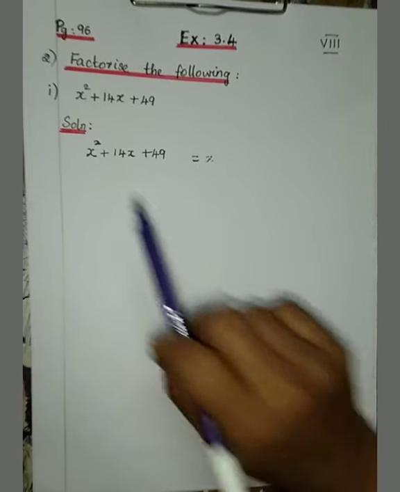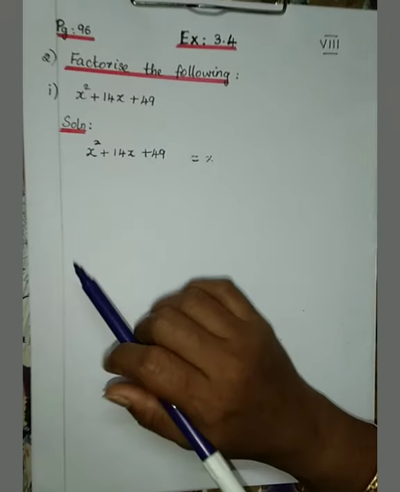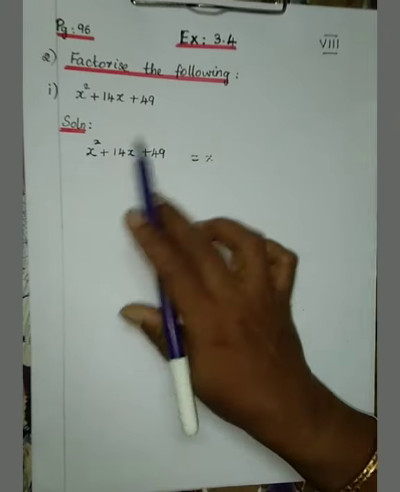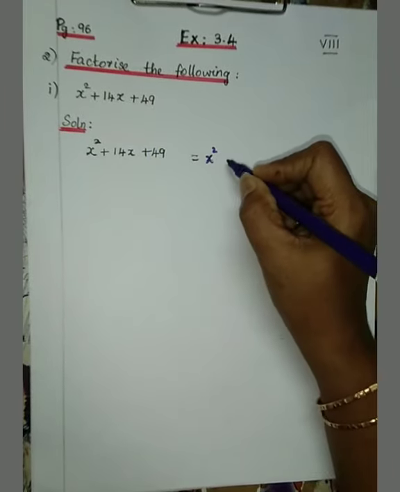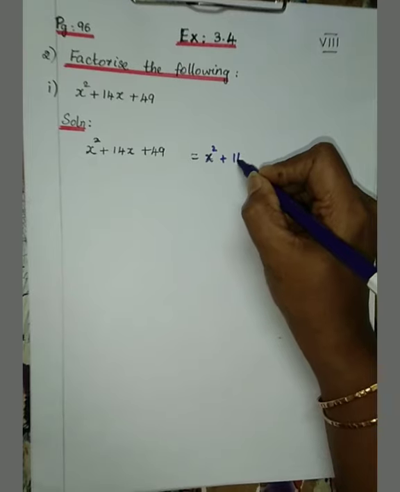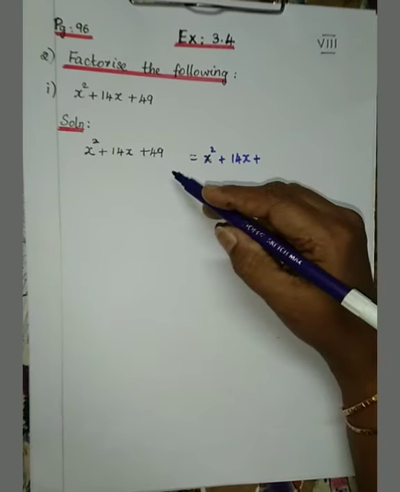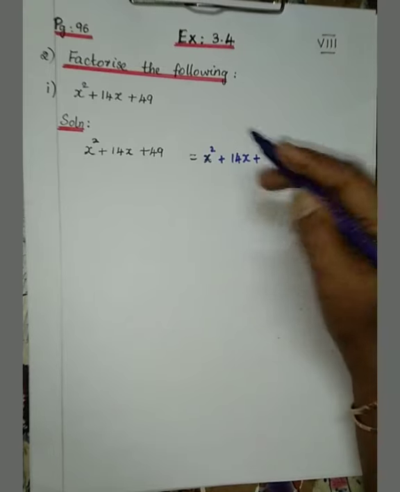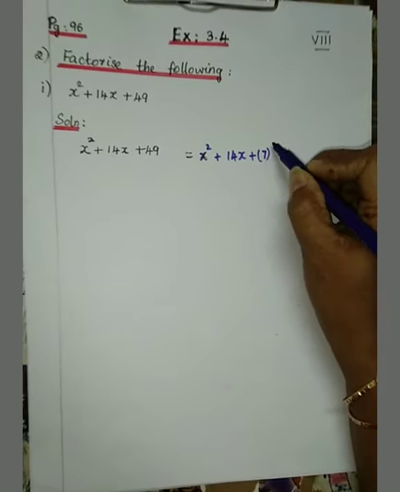So here, x square plus 14x plus 49. This problem can be written as x square plus 14x plus, this 49 is a square of 7. So 49 can be written as 7 square.